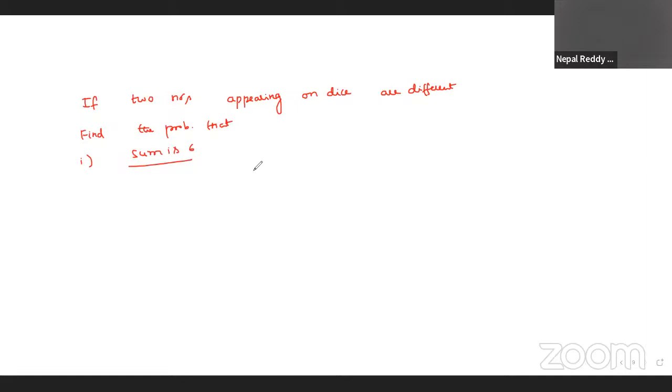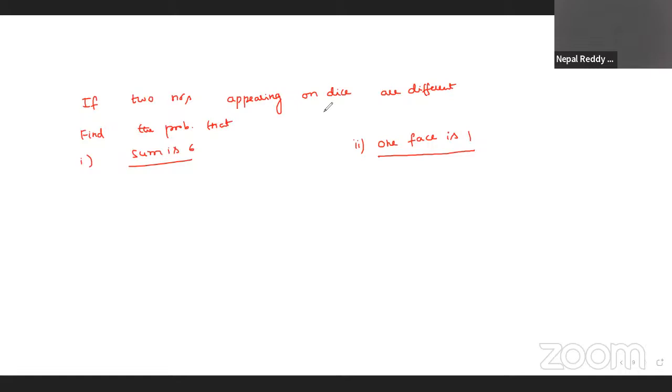Question number 2, one face is 1. These are the questions. The question is, two numbers appearing on dice are different.